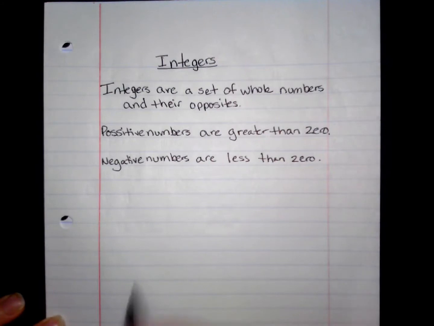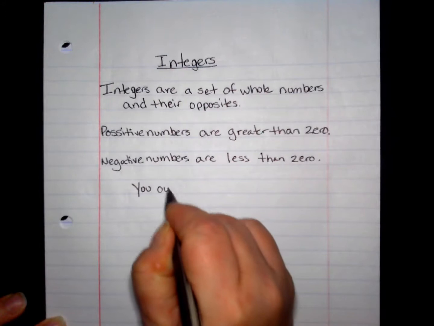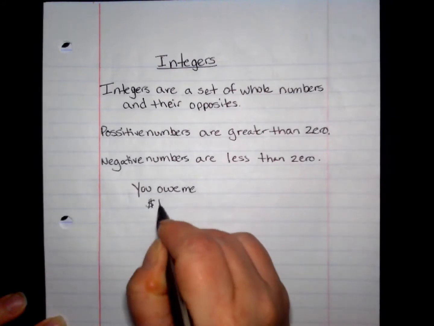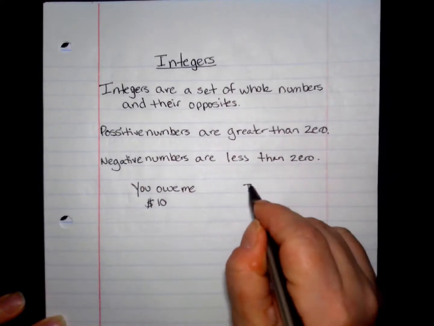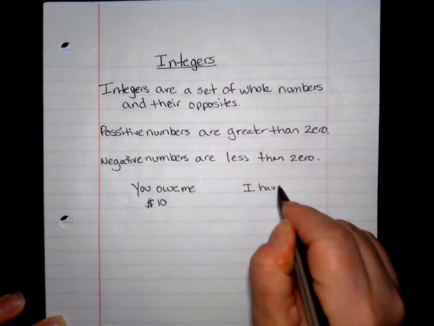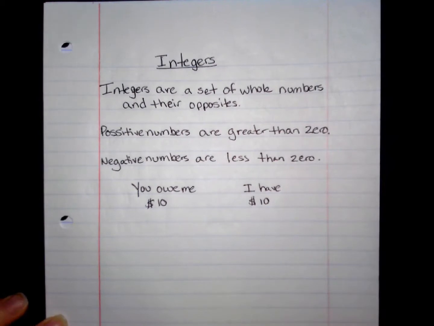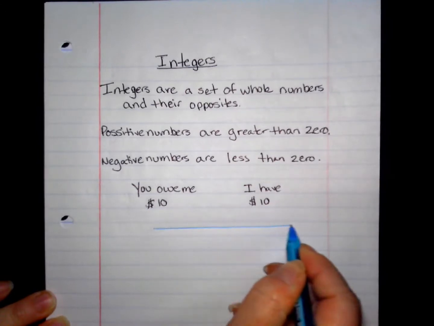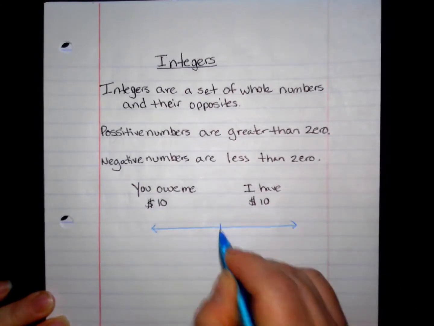So for instance, let's say you owe me $10. And let's say I have $10. Okay? So on a number line, the middle might be 0.